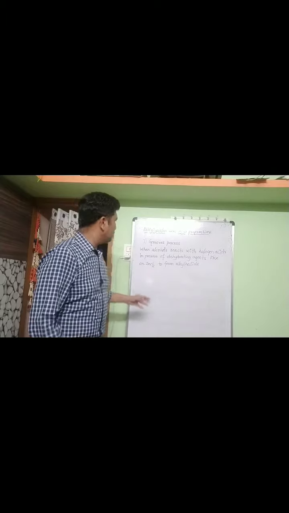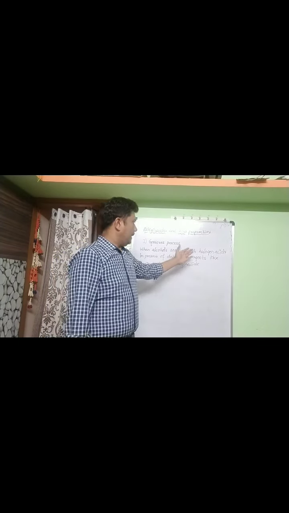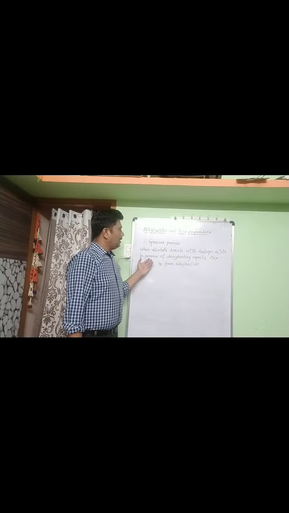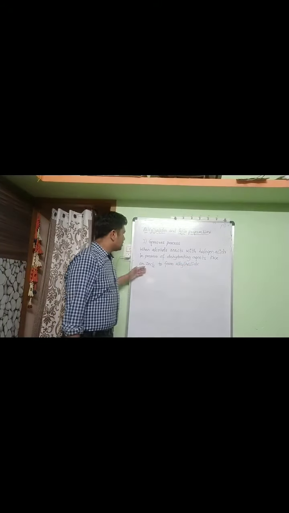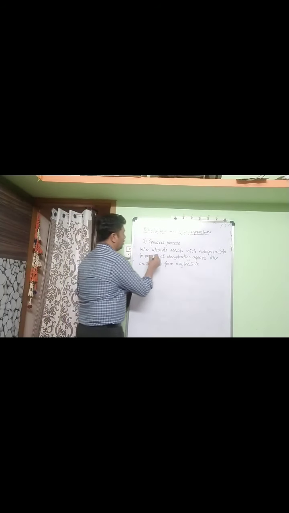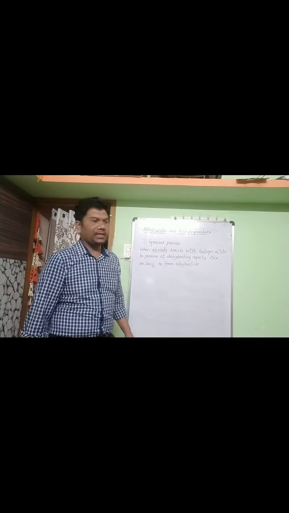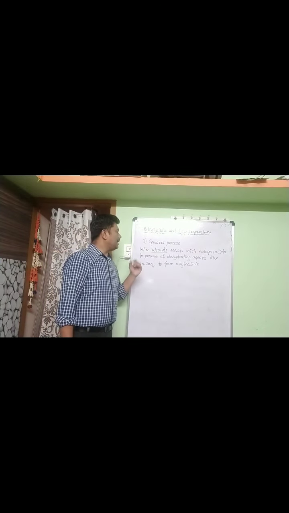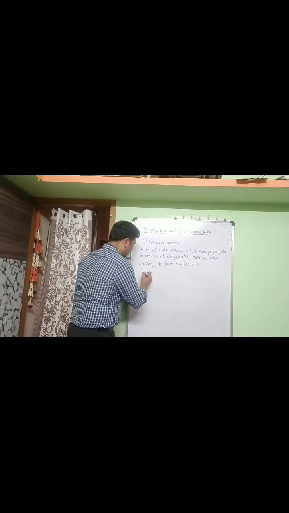Let me read again. When alcohols react with halogen acids in presence of dehydrating agents like anhydrous zinc chloride to form an alkyl halide. See, first alcohols. We must know what are alcohols and what is their general formula. So alcohols are again organic compounds. They have the general formula ROH.